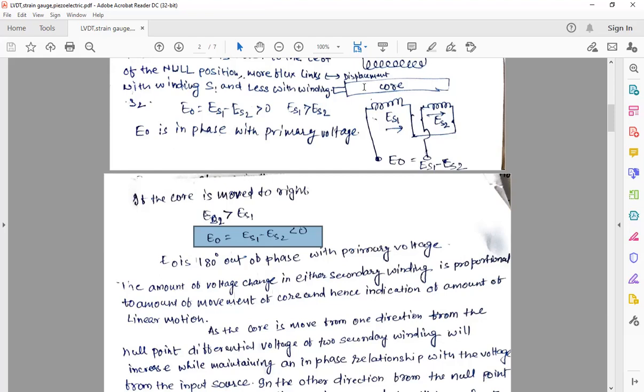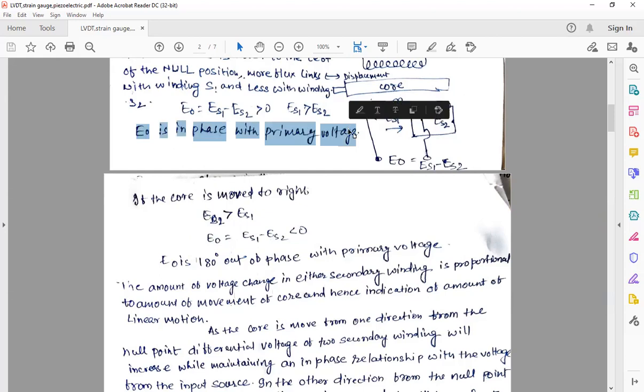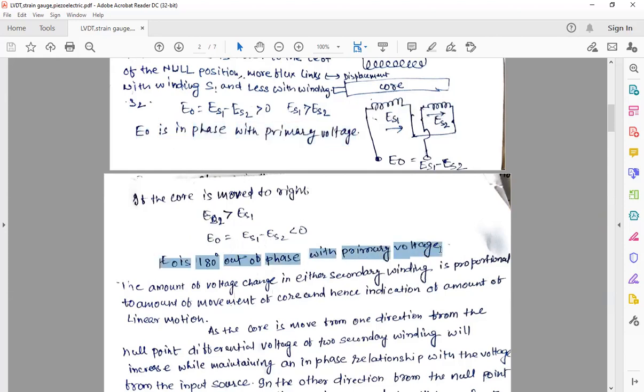How can you decide whether the core is moving from the null point to the left or to the right? Because in both cases, the net output voltage is increasing. So it is decided by whether the output voltage is in phase with the primary voltage or 180 degrees out of phase with the primary voltage.